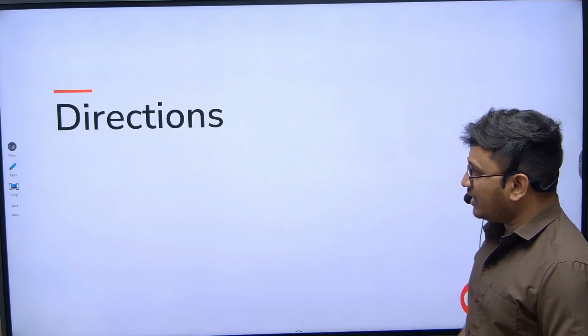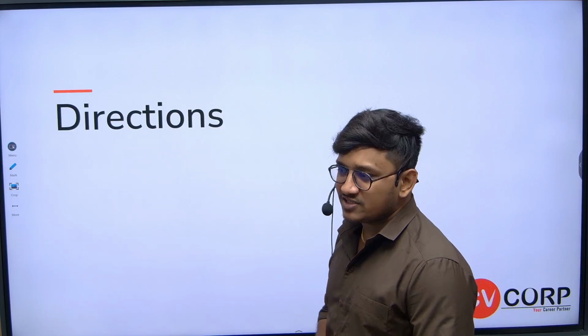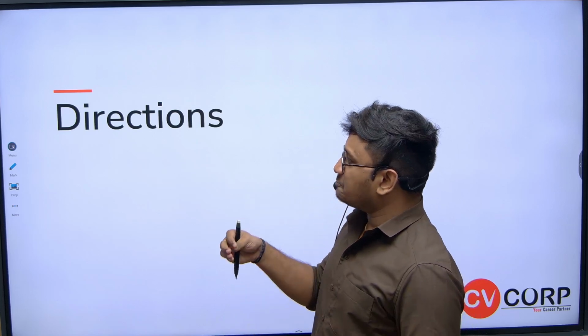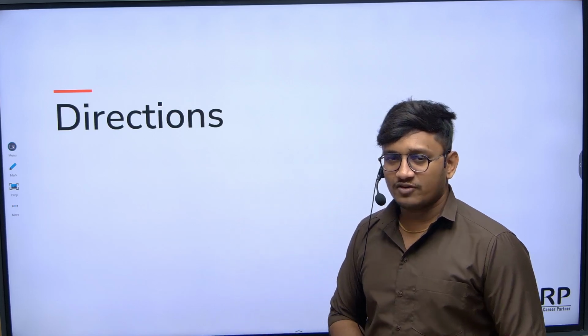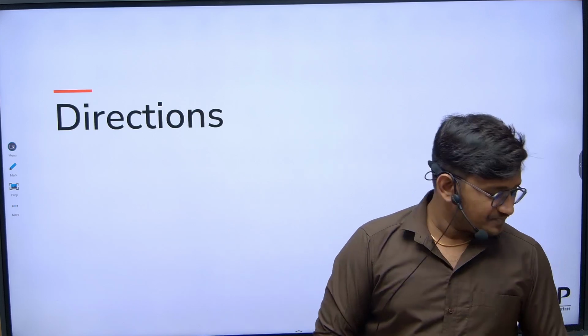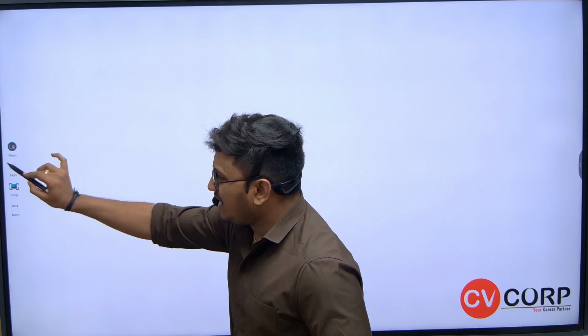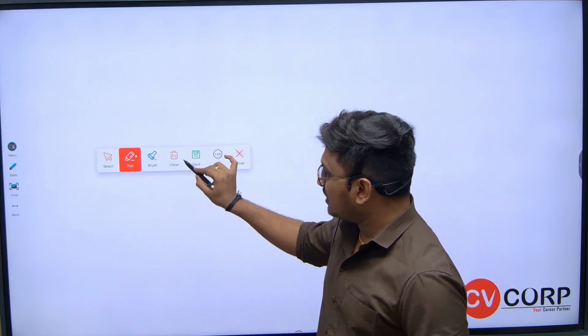In the syllabus of TCS NQT we have directions. The same case, as I said, we can expect a minimum of one question from the concept of directions. If you want to solve questions from directions, the first basic idea we should have is how many directions we have and what kind of questions they will ask in the exam.